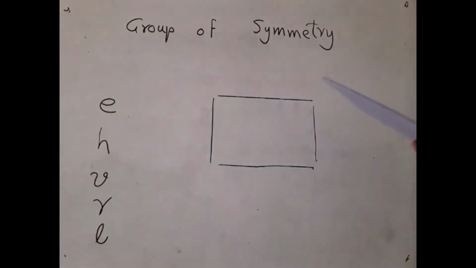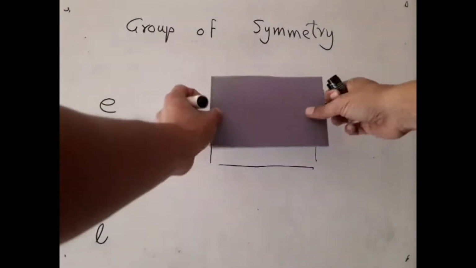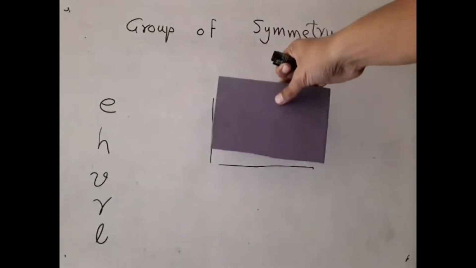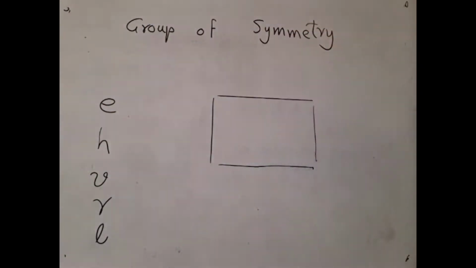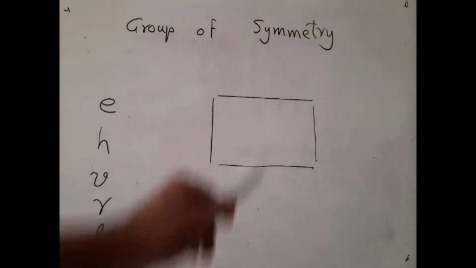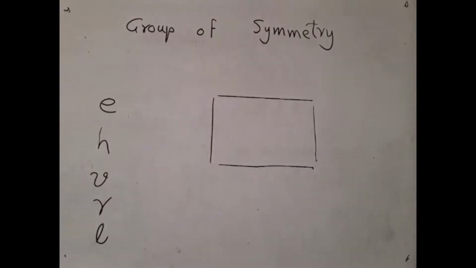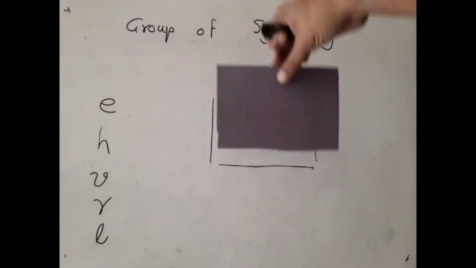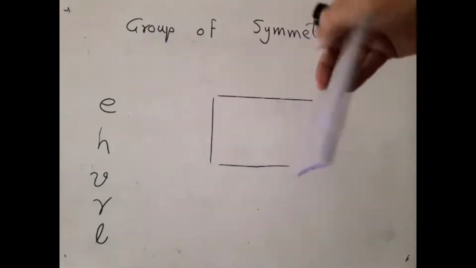And you can of course combine these things. For example, you might first do H and then you can do V and see what comes out of it. Now it is always going to be the case that if you combine these basic operations, these basic moves, in that case you are again going to get back to one of these things, because these are all the different ways in which you can take this rectangle and fit it back.